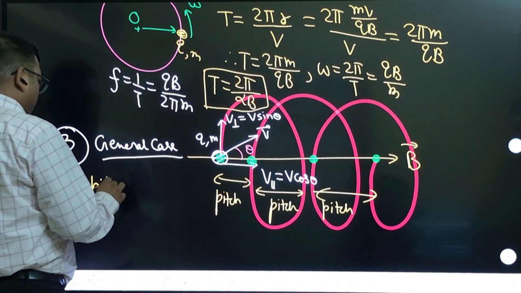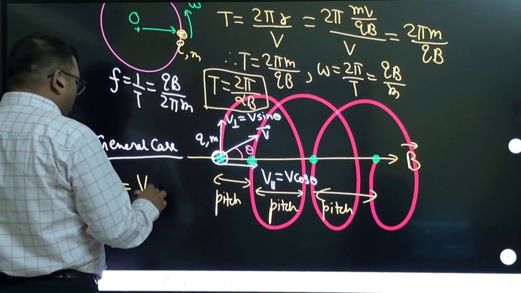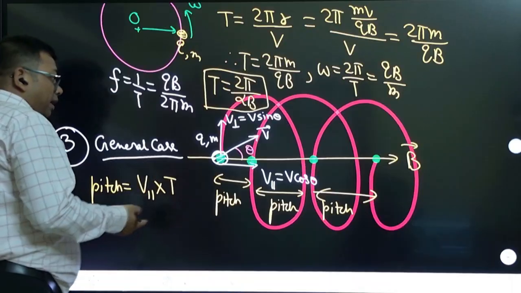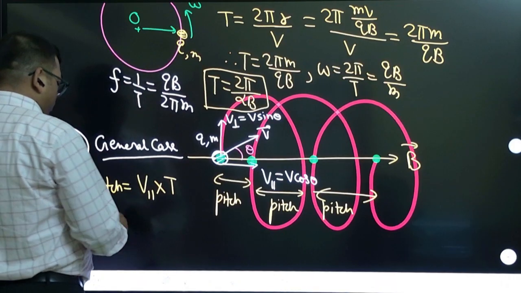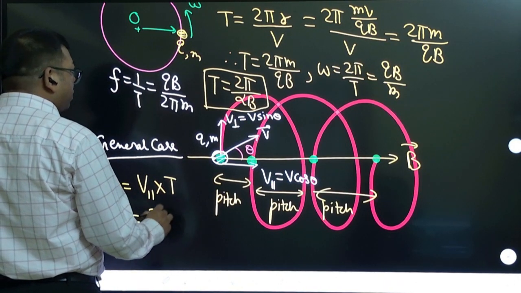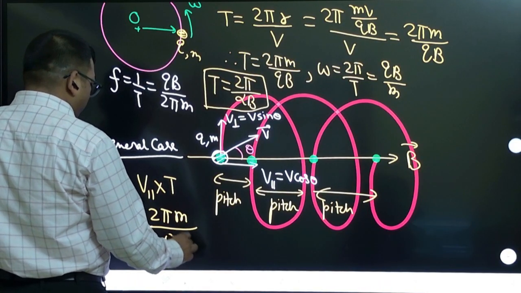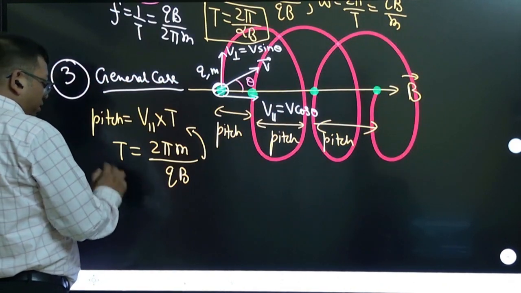So how do you write pitch? Pitch we can calculate as speed in this direction, which is v parallel, and how much time it takes for one circle, that is T. Time for one circular motion can be calculated using this formula. Time period is 2 pi m by qB, so we can substitute this time period here and calculate this pitch.